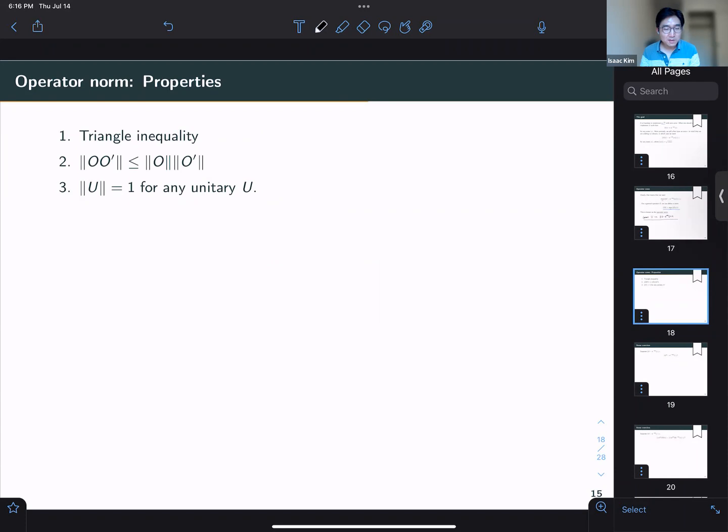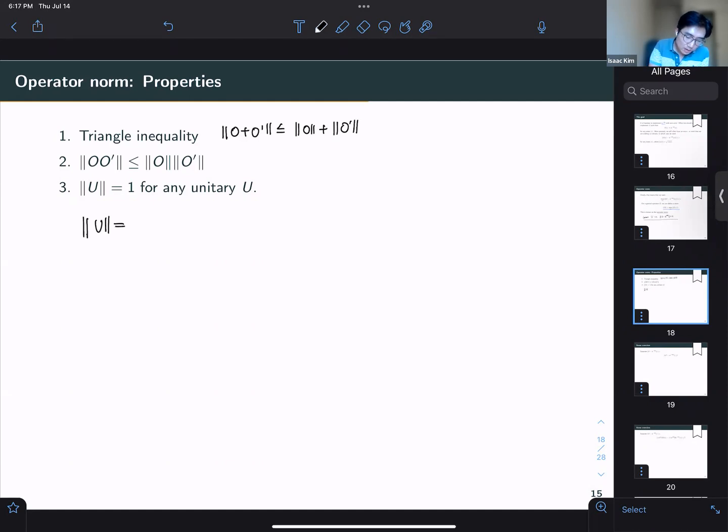Operator norm is a norm, so it satisfies the triangle inequality. So if I have two operators, the norm of their sum is upper bounded by the sum of their respective norms. And if you have two operators multiplied together, the norm of the product is upper bounded by the product of the operator norms of those individual operators. Another simple thing that you can check is that if you have a unitary, it has an operator norm of 1.